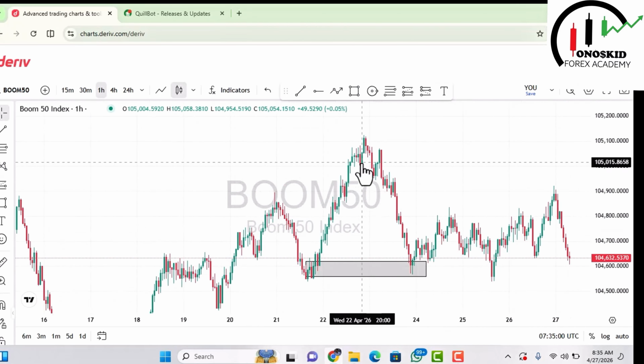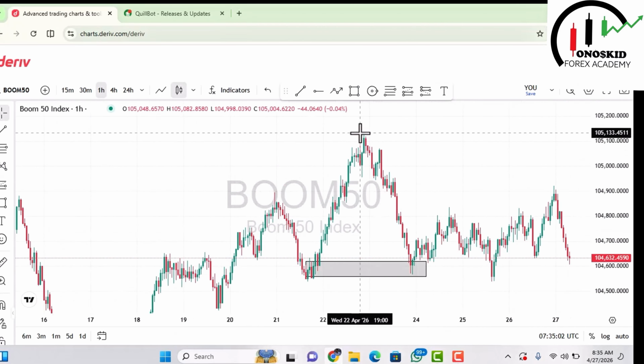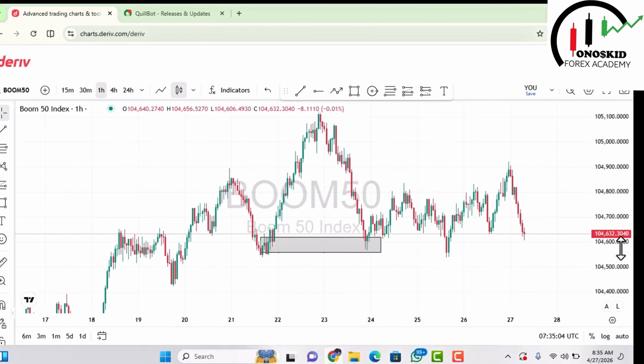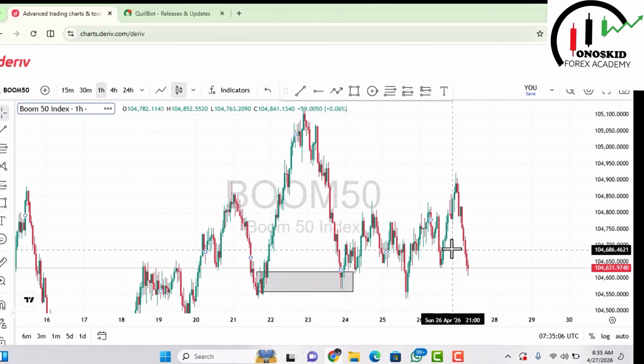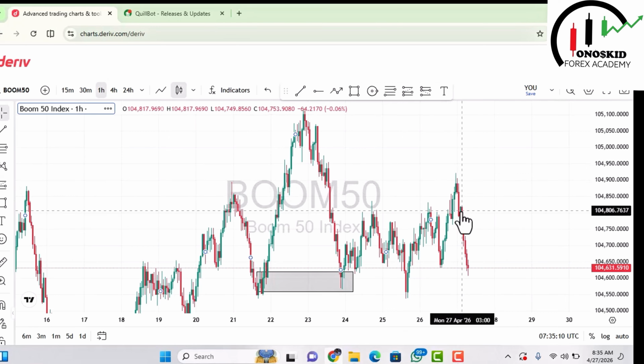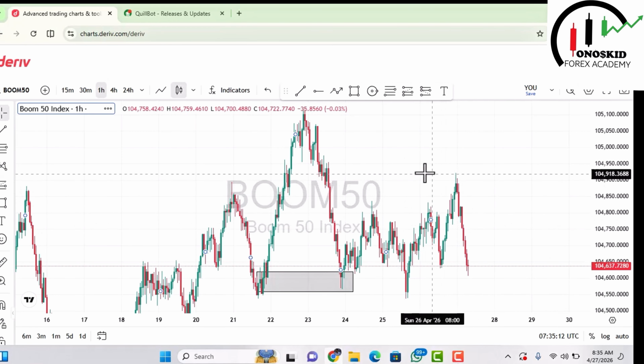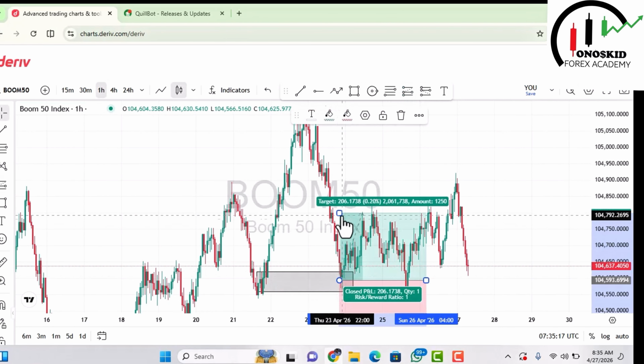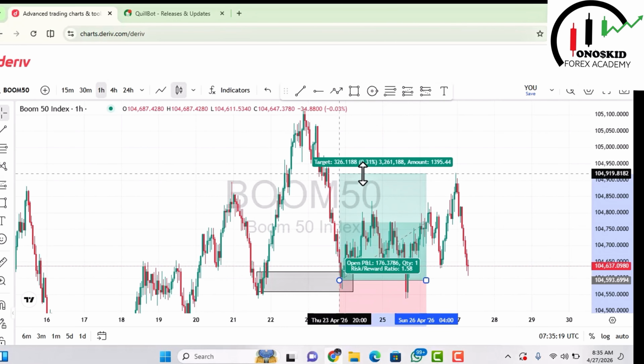Now price has not broken the most recent high, right? But if you are trading and you are not a greedy person, you would have taken your profits here, because this move should be at least 1:3 risk to reward. So let's use our tools to check how many risk to reward this is.